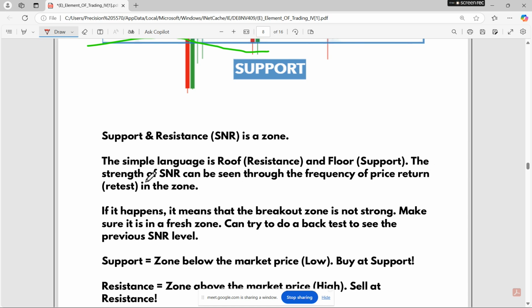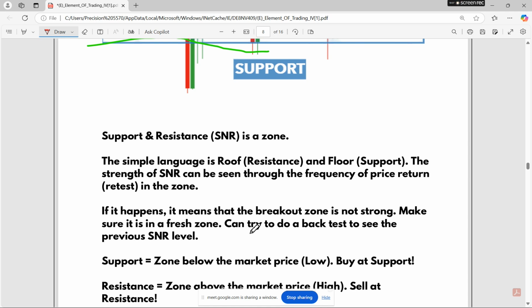The strength of support and resistance can be seen through the frequency of price return or retest in the zone. If it happens, it means that the breakout zone is not strong. Make sure it is a fresh zone.